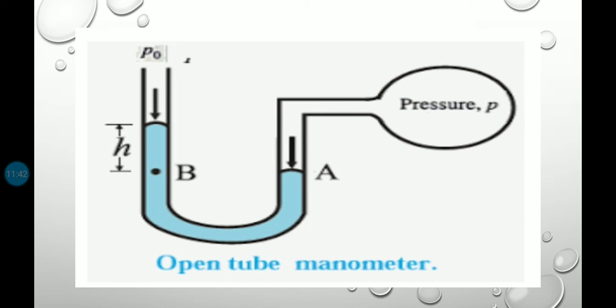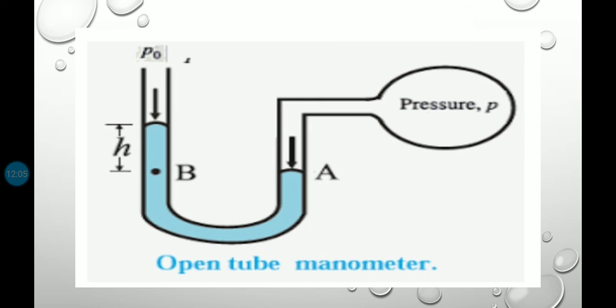Then here we have to consider a point. Suppose we consider a point B on the surface of the liquid open to the atmosphere. The pressure is equal to atmospheric pressure P0.